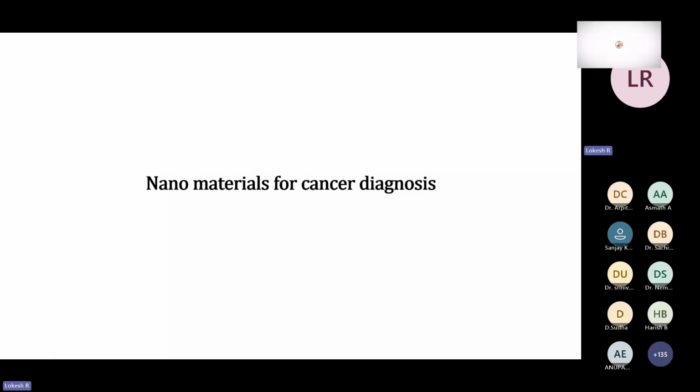Next we'll see the materials used for cancer diagnosis. Before going to this, can anybody tell me what is the difference between a cancer and a tumor? In cancer, there is growth of unwanted cells.